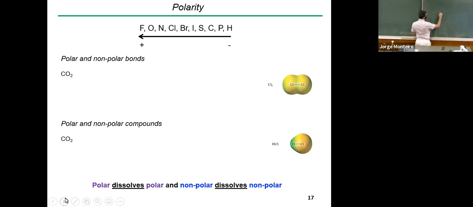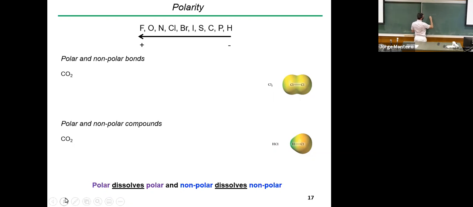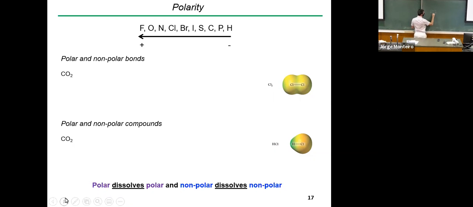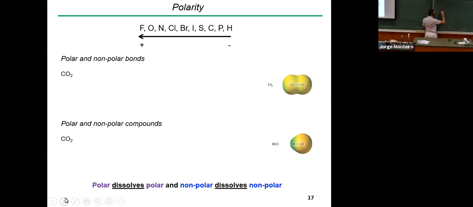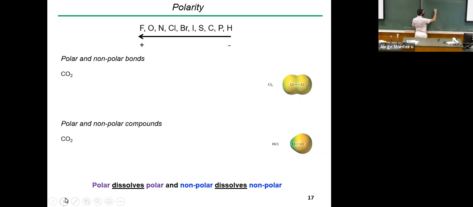The electronegativity of oxygen is higher than carbon, therefore we are going to have a dipole moment pointing from the least to the most electronegative atom, and that's going to be blue. To symbolize that we have a higher electron density on the oxygen, we're going to use delta minus, and on the other side, delta plus.